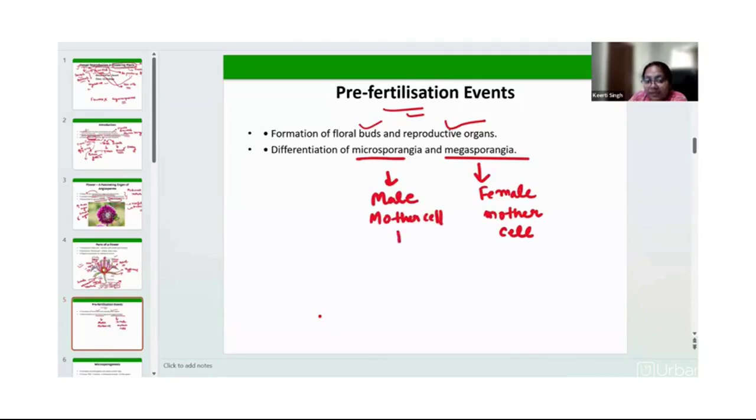So ultimately a differentiation, various metabolic processes will take place. The cellular changes will be undergone by this microsporangia, and it will ultimately lead to the formation of pollen. And this female mother cell will also go through various differentiation in the cell structure and will lead to the formation of ovary.